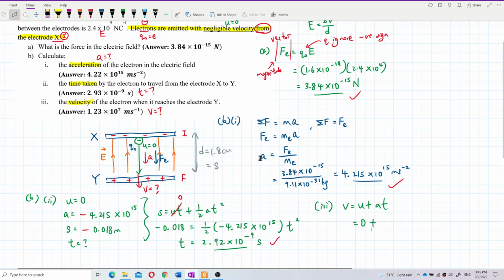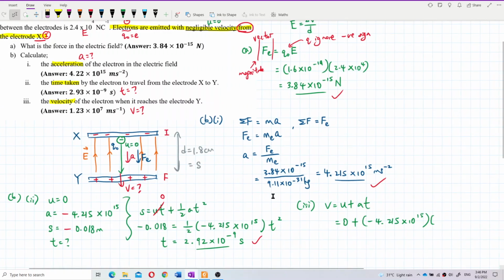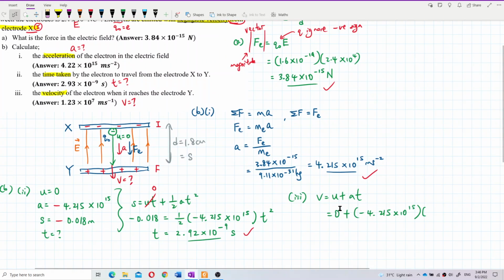Acceleration is negative 4.215 exponent 15. The time taken is 2.92 exponent negative 9.